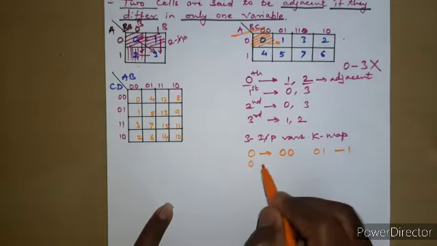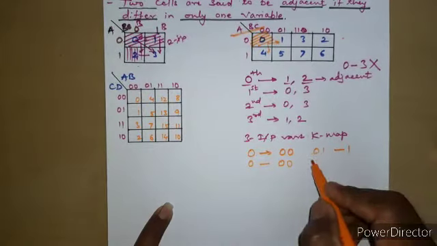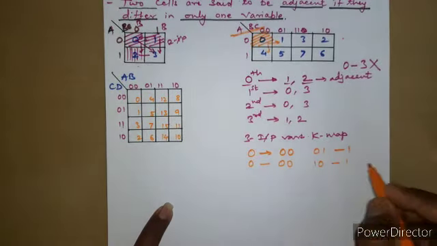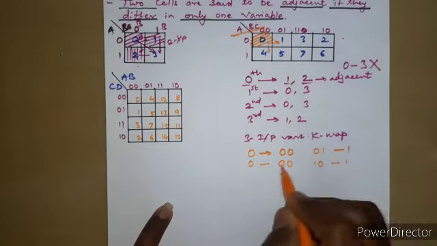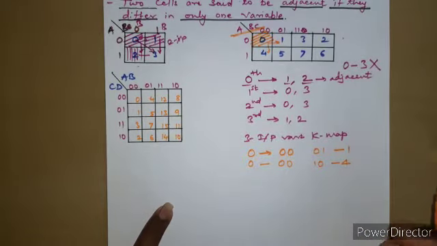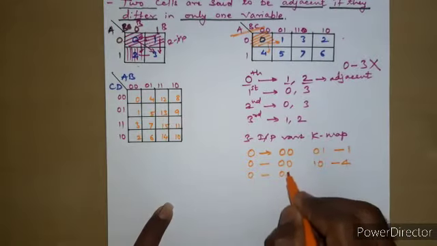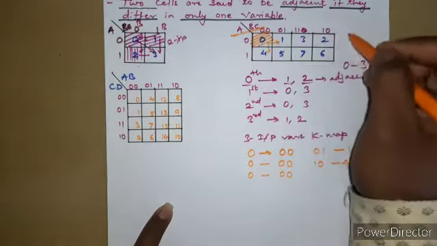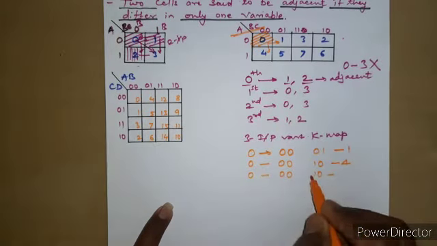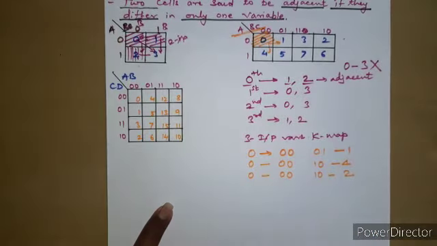Again for 0, this is 0 0, and if we consider this 4, it is 1 0. So again there is a difference in one variable, so 4 also becomes adjacent. Then for 0 0 0, if we take this 2, it is 0 1 0. Again there is a difference in one variable only, so 2 also becomes adjacent.